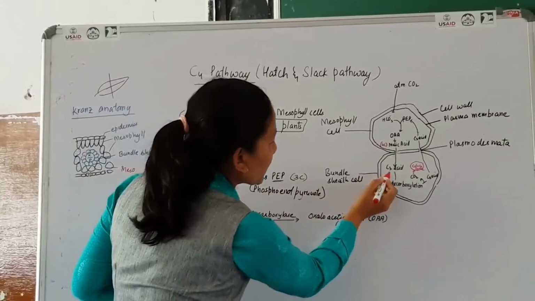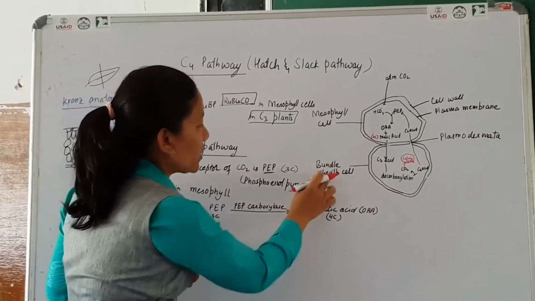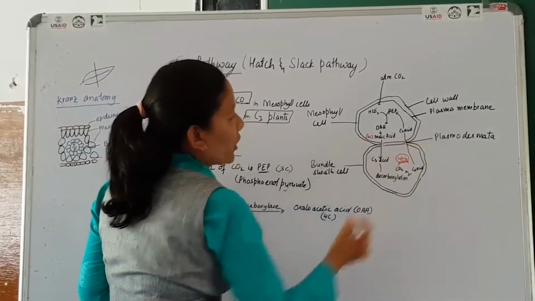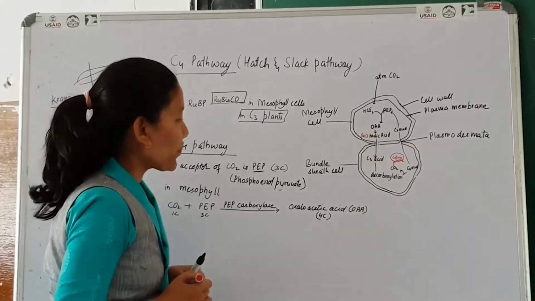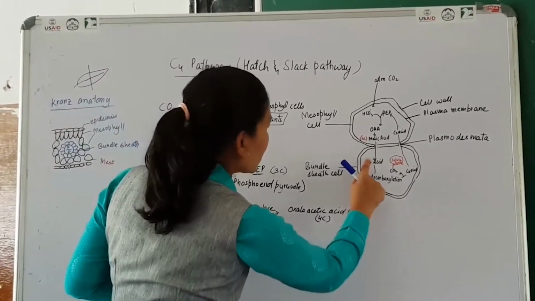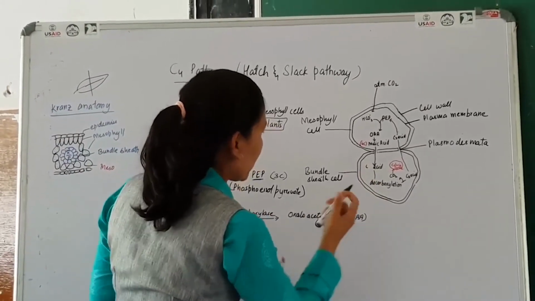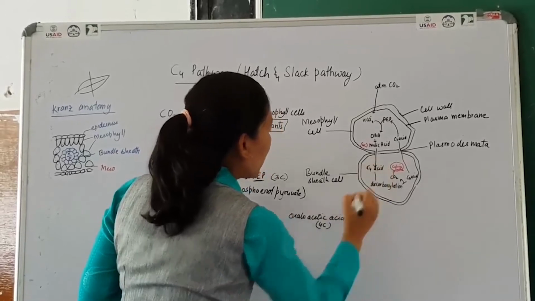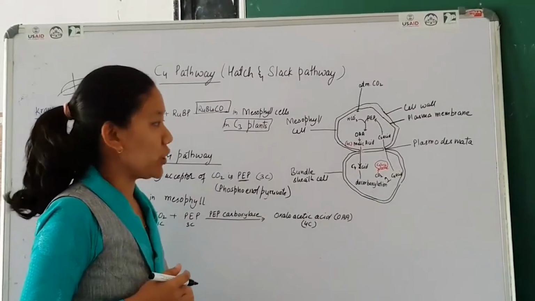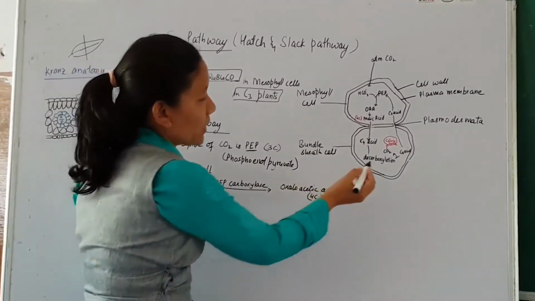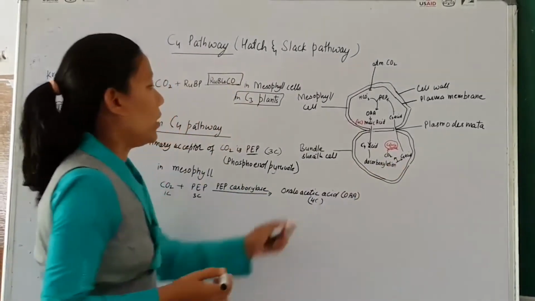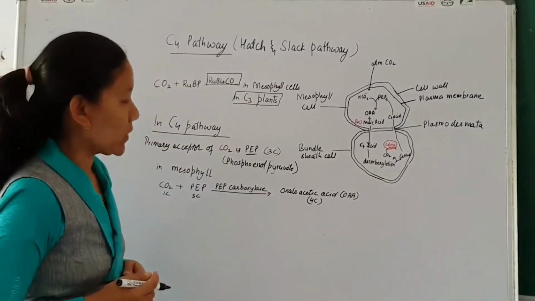Now this acid reaches the bundle sheath cell through a passage called plasmodesmata, and it should be C4 acid. So this is C4 acid. This C4 acid undergoes a process of decarboxylation, wherein you get C3 acid and then a molecule of carbon dioxide.